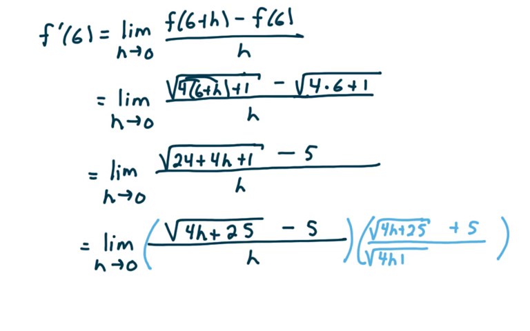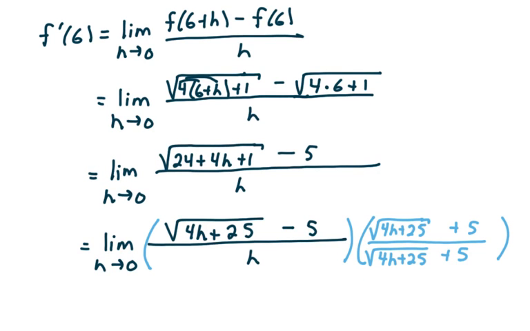So we get something like this. And notice how the stuff in blue is equivalent to 1. Whenever you multiply by 1, you don't change anything about its value.